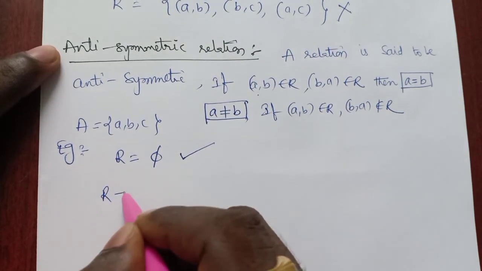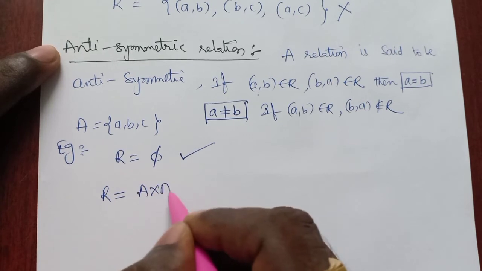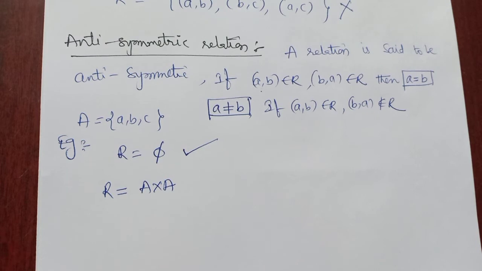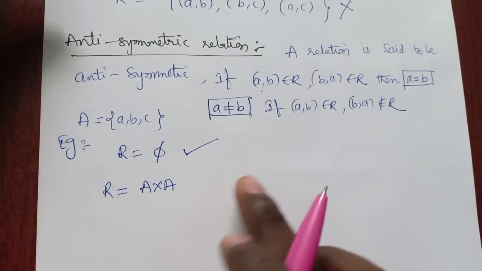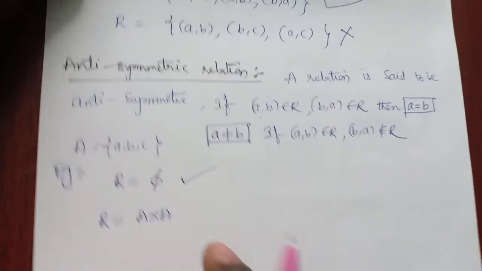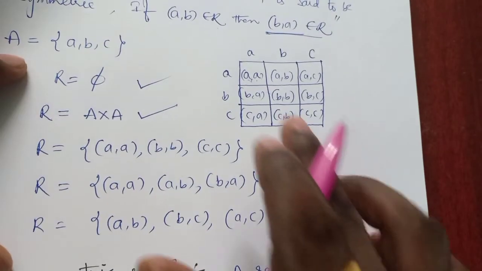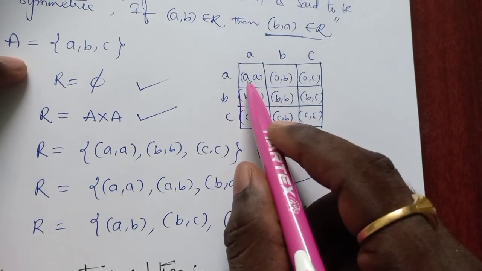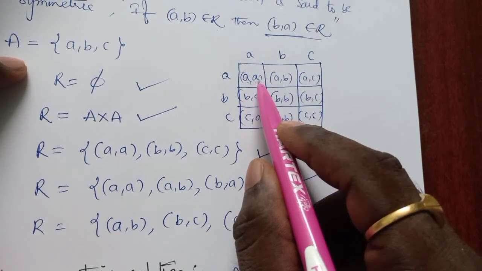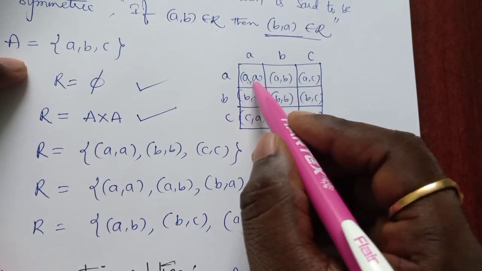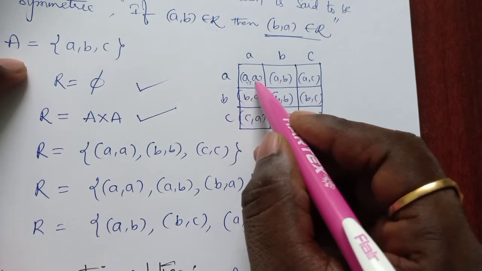Now coming to the relation A cross A. So what is A cross A? Now see, this is A cross A. Now (a, a), no problem with this. Why? Because if you interchange this, we get (a, a), which means that a equals b.